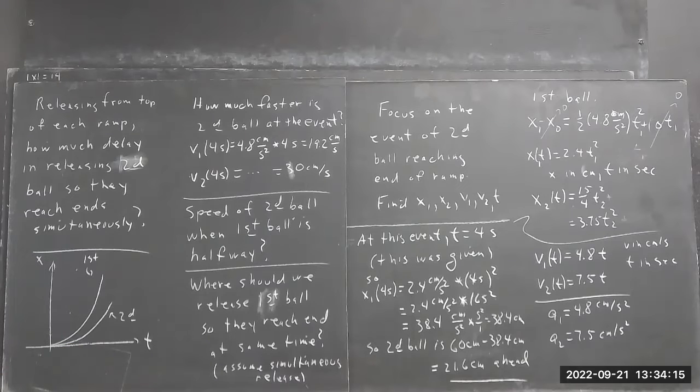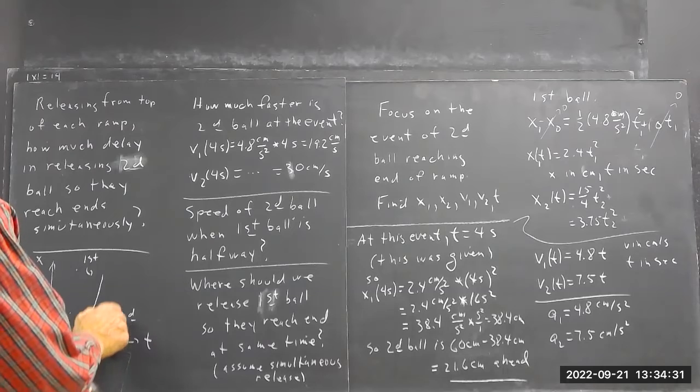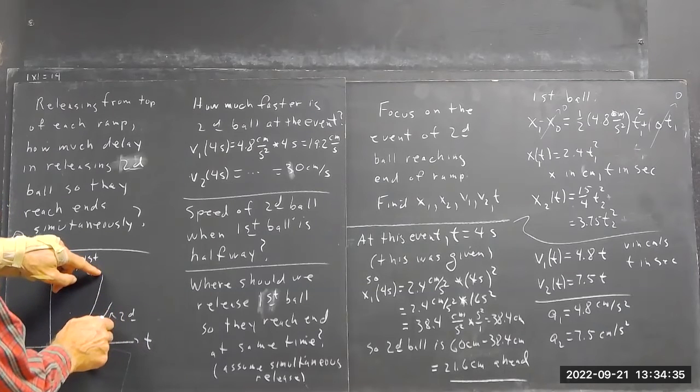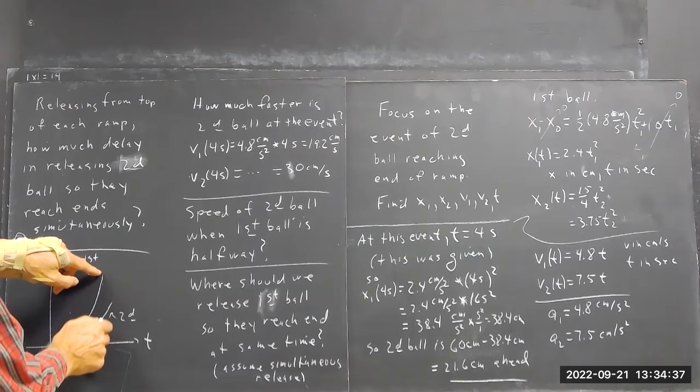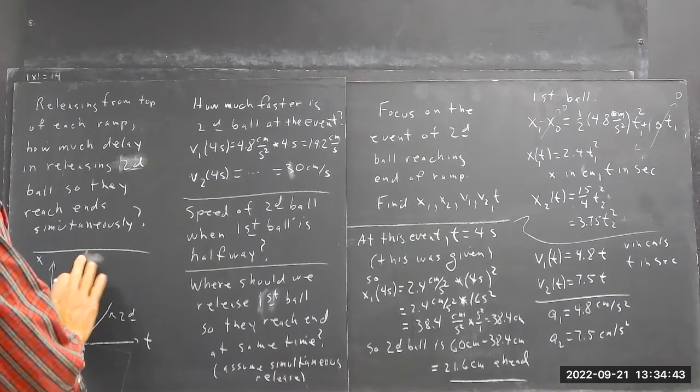At T equals 4 seconds, the second ball has gone a little more than half as far as the first one, right? So I would put 4 seconds. If I put 4 seconds here, the second ball will be more than twice as far as, sorry, this is the second ball.